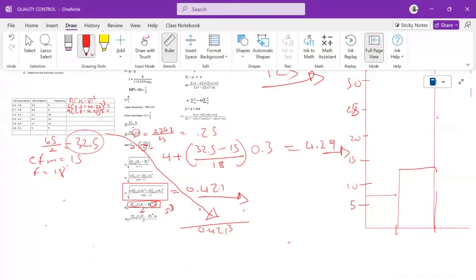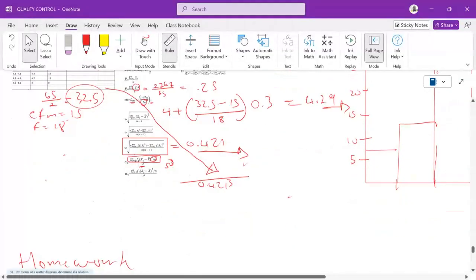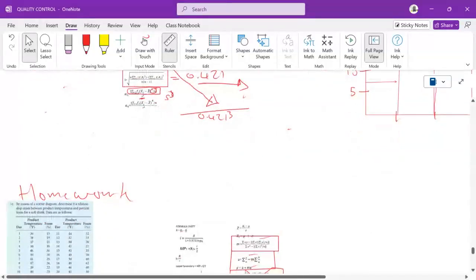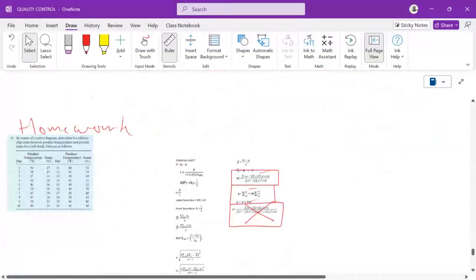This part is still histogram, so both this one and that one are histogram. Understand how I maneuvered them. And this, understand it as homework.